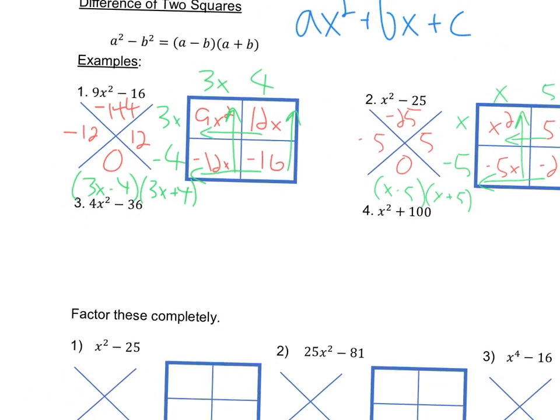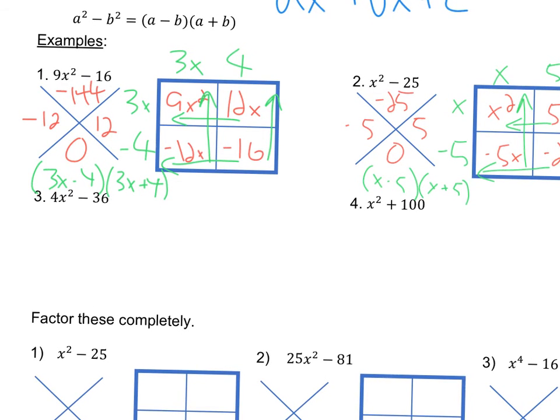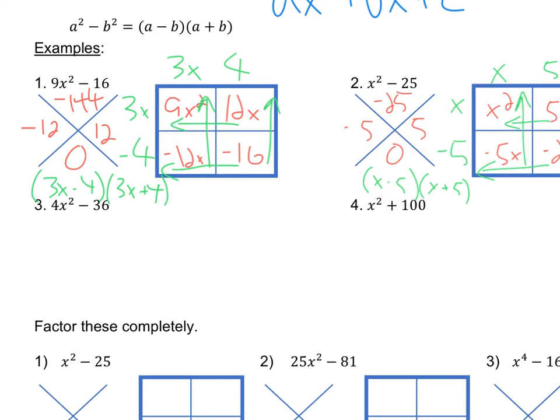So now let's take a look at those two solutions. What do you notice about those factors? Our factors for the first one are 3x minus 4 and 3x plus 4, and for the second one, x minus 5 and x plus 5. What pattern do you see between those two?